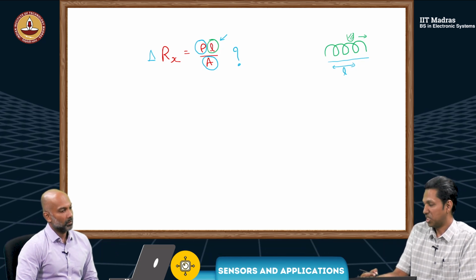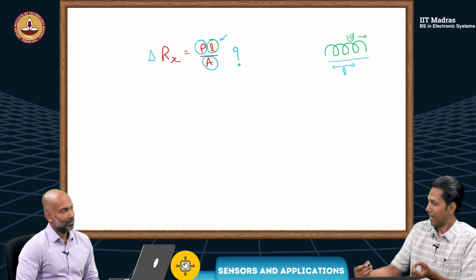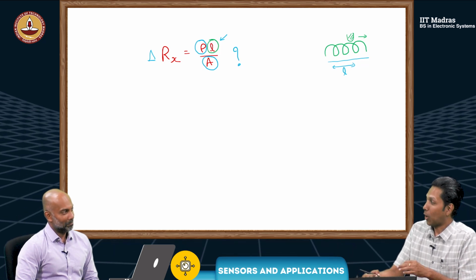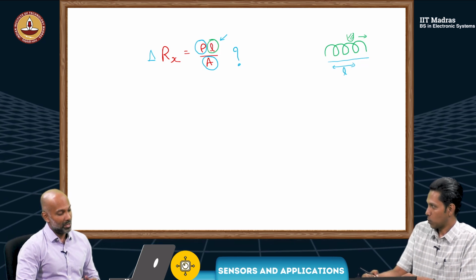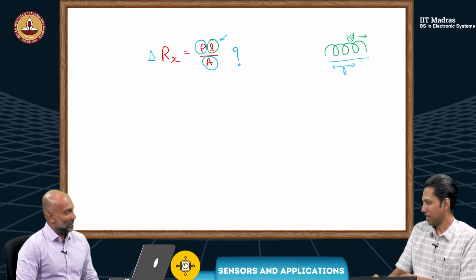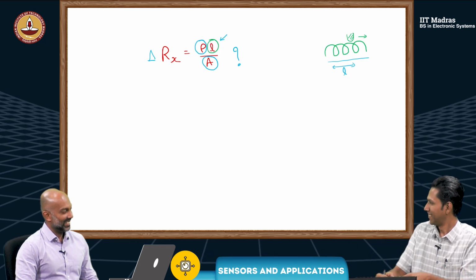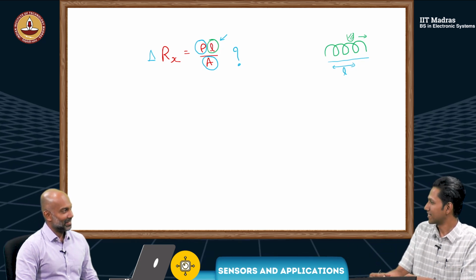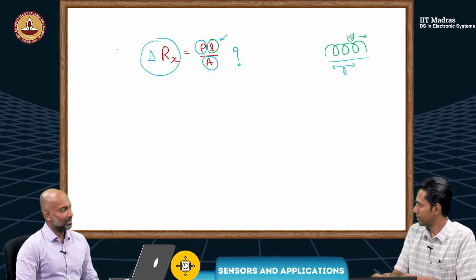So this time maybe we could really change the L and see how it will contribute. So would it be fair to say that you're changing now the actual dimensions of the sensing element? I'm going to take a piece of resistive element and pull or push, change the physical dimensions and see how that will contribute to this change in Rx.